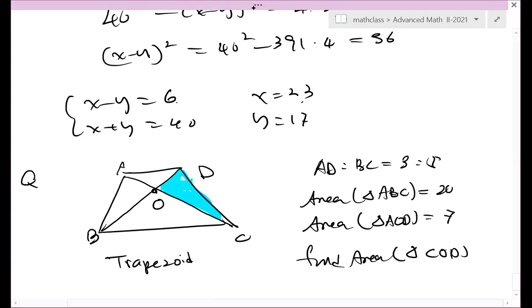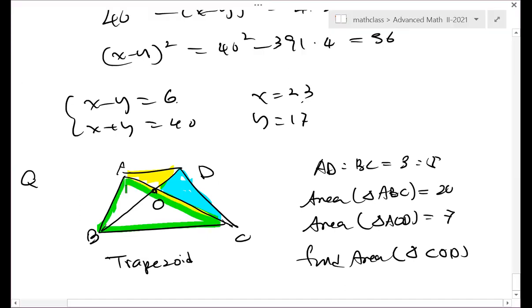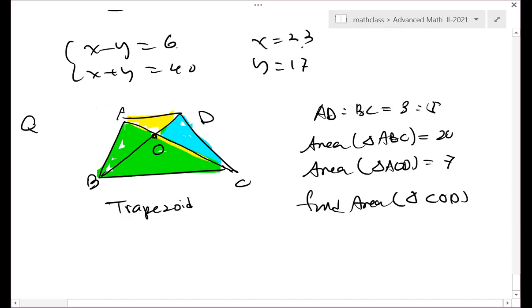Okay, we are given the area of AOD and the area of ABC. All right, so we want to find the area of C, the question mark here.